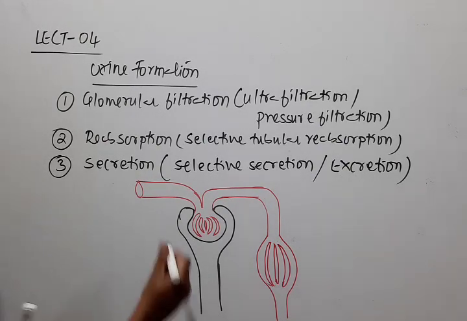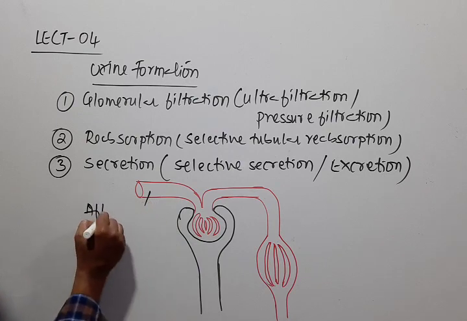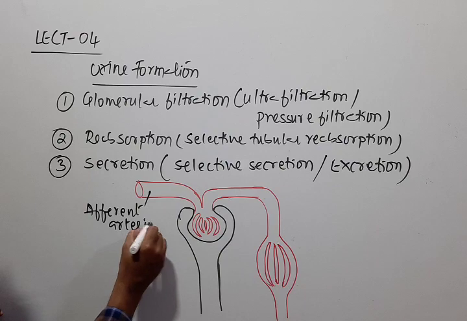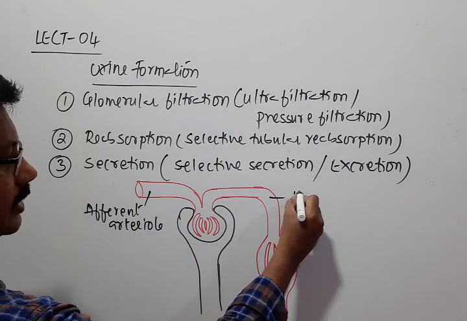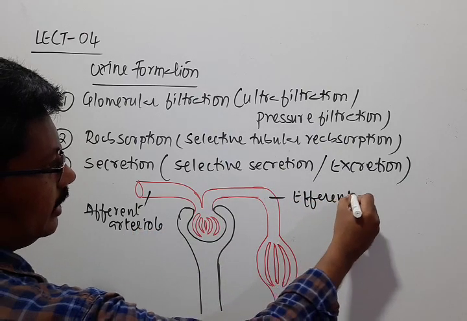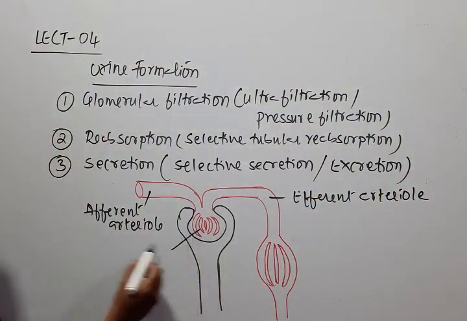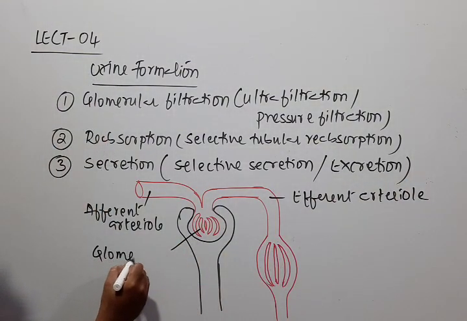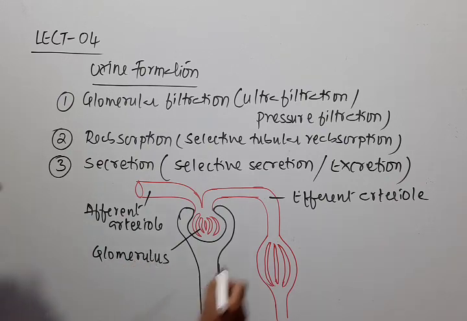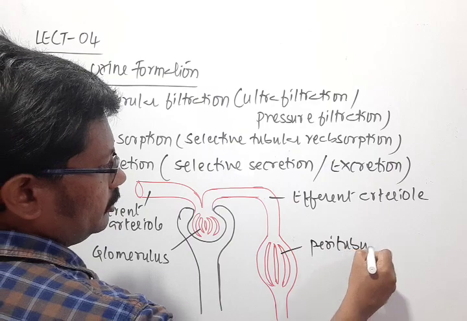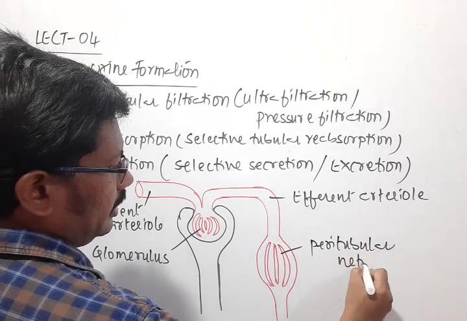So this is the afferent arteriole, this is the efferent arteriole, this is the glomerulus, and this is the peritubular network.